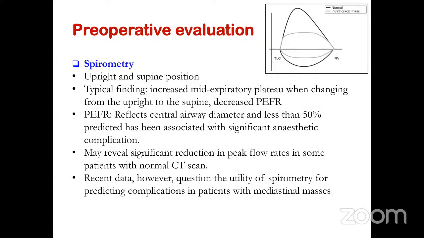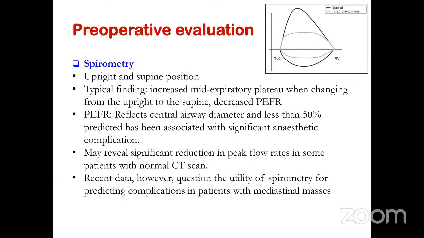Spirometry was one of the tools and is still being used, but out of the various parameters that we usually look for, there are two things. One is flow, and second is the peak expiratory flow rate. The peak expiratory flow rate is a very good marker for airway obstruction, and less than 50% predicted has been associated with a high risk of complete airway obstruction during anesthetic management.